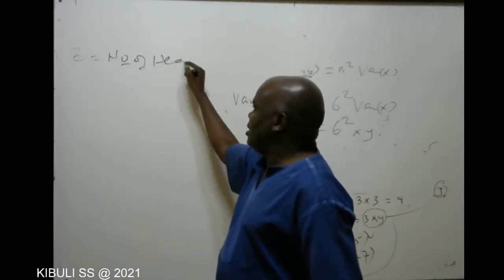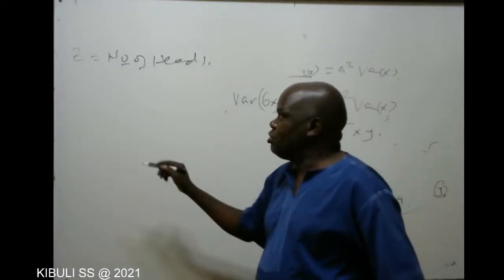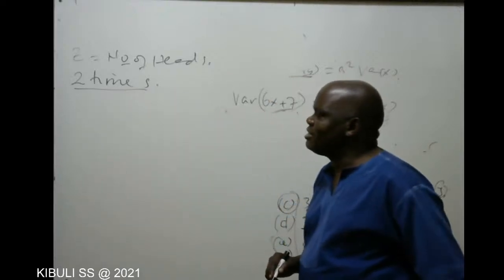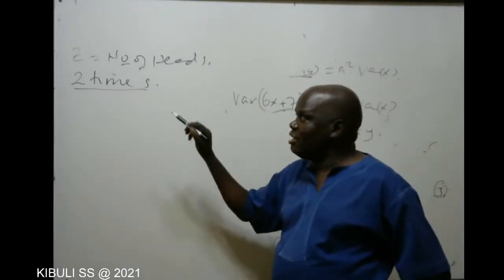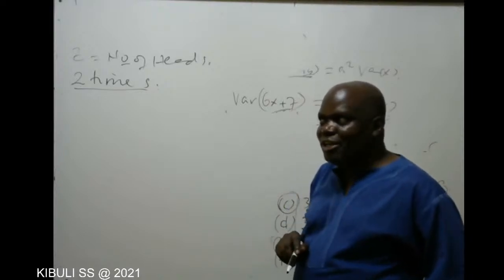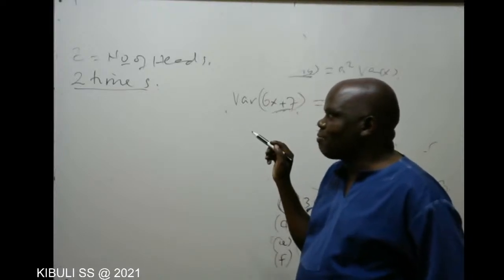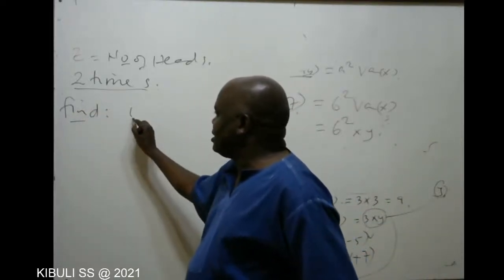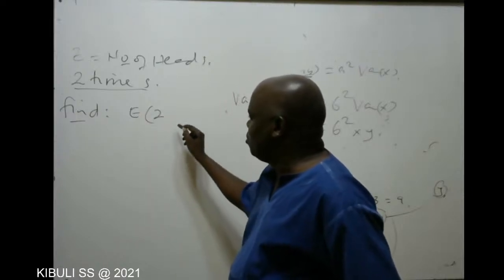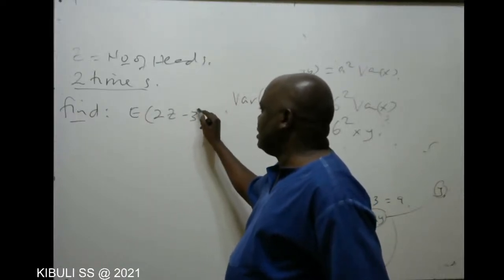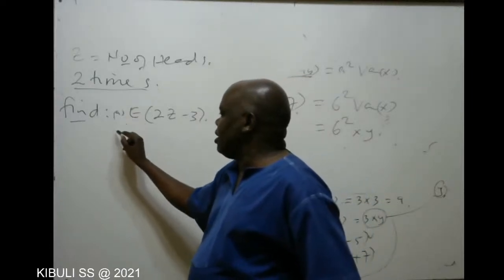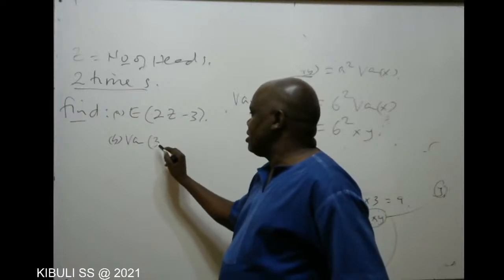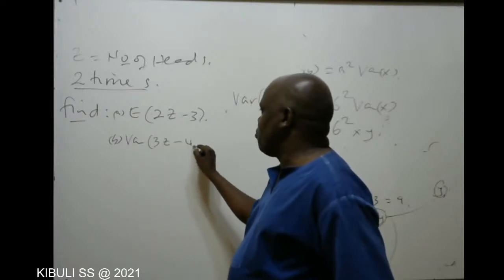Now, if this coin is tossed 2 times, and somebody says the number of heads is our probability distribution, then somebody says, if it's tossed 2 times, find, let me do this as our last one, find the expectation of 2z minus 3. That's our A. Our B, the value of, say, 3z minus 4.